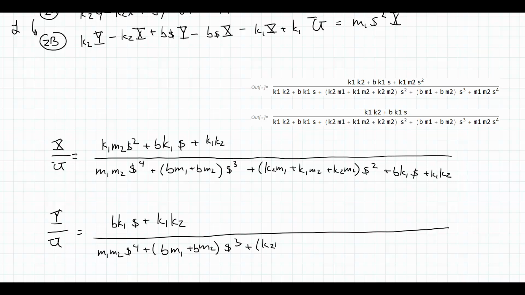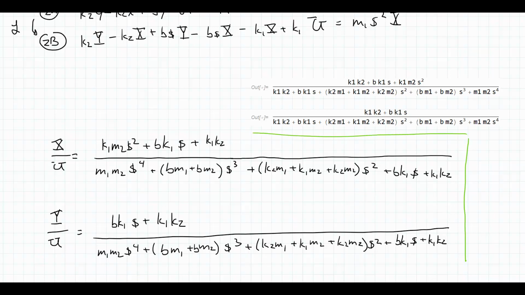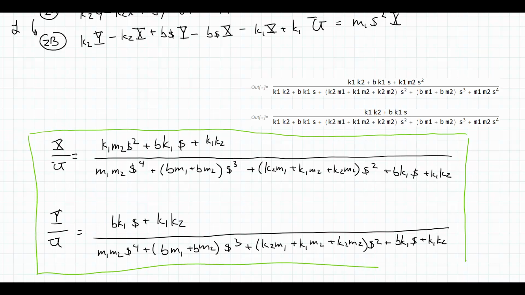And I have k2 m1 plus k1 m2 plus k2 m2 s squared plus b k1 s plus k1 k2. So this is what I was asked to find: the two transfer functions for two outputs, the x position of the chassis and y the position of the tire or of the wheel.